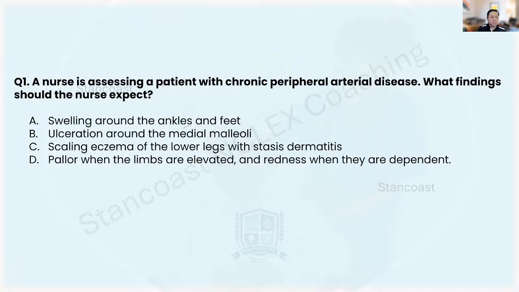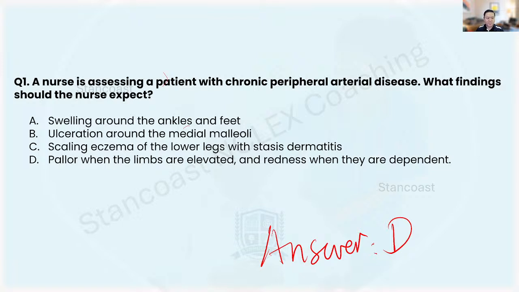Whoops, there's my pen. The answer is letter D. Okay, again, let's go back to the changes in arterial peripheral vascular disorder. There is going to be pallor when there is elevation of the extremity, and it will go back to its original coloration, pink or redness, when you put it down.